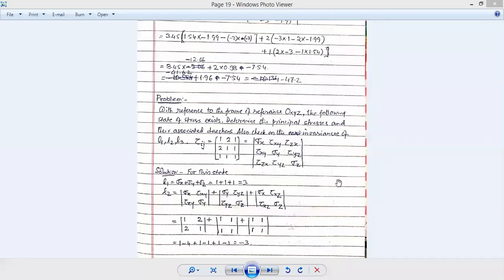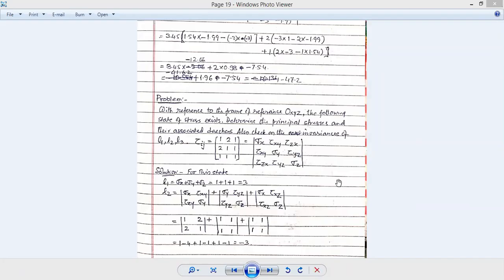Here, we are always imagining the stress situation of a point in space in relation to a rectangular axis in three dimensions, OX, OY, and OZ, where O is the origin.